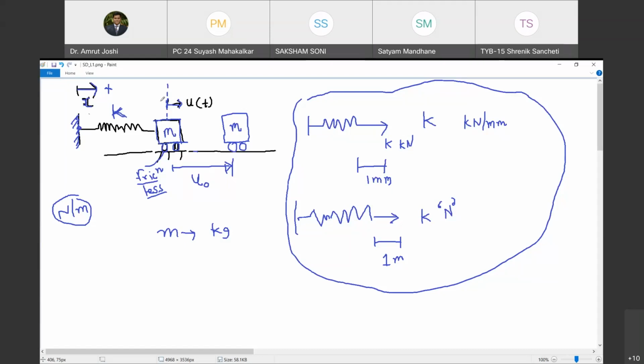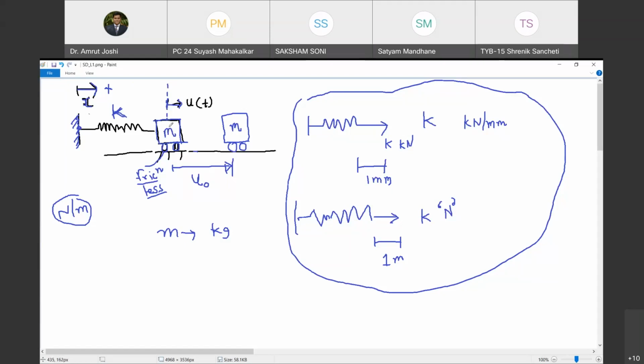Yes. So only and only when the spring is either compressed or extended, then only there is a force in the spring. Do you agree with me? Yes, sir. Okay. So the position that I have shown on the left-hand side here, this is the mean position.